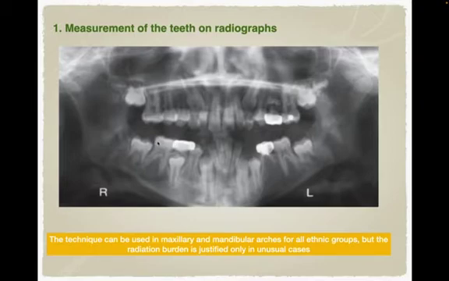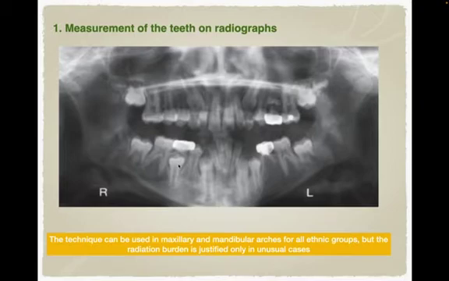Then I measure it again on the radiograph, and on the radiograph this 6 is 10 millimeters, while on the cast it's 8 millimeters. Then I measure the mesiodistal width of the 5 on the radiograph, and let's assume it's 9 millimeters. So the 5 is 9 millimeters on the radiograph; how much will that be in real life? Then you do the calculation and you get the mesiodistal width of the unerupted 5.